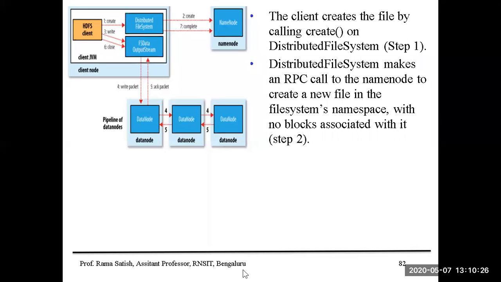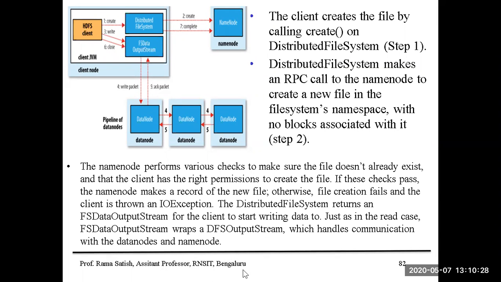The third step: the name node performs various checks to make sure that the file does not already exist, and that the client has the right permission to create the file. If the checks pass, the name node makes a record of the new file.